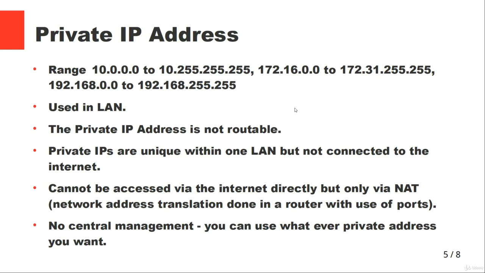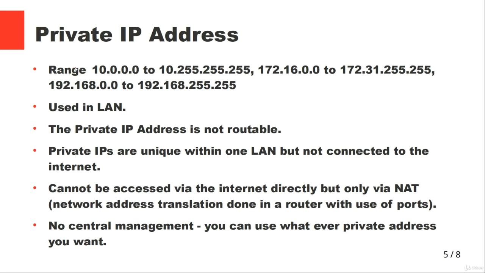They're unique, but only unique on your LAN. So your neighbor can have the same address as you, because he is on a different LAN, and you can connect with him only through the internet, through the WAN.